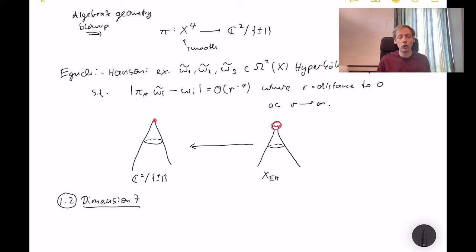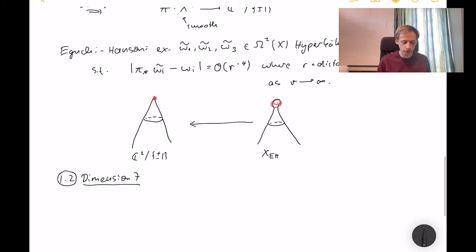I now write down a 3 form, phi 0 on R3 times C2 as follows.